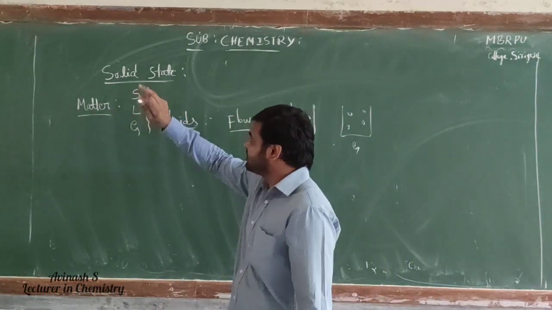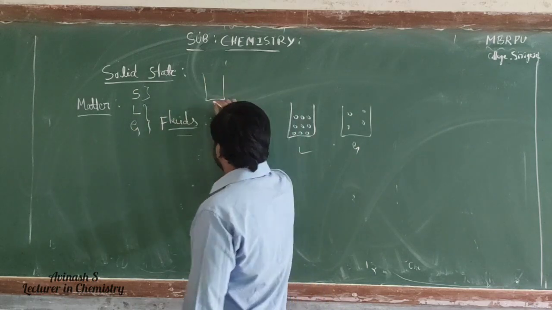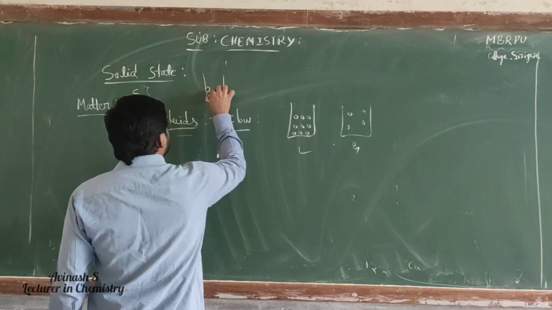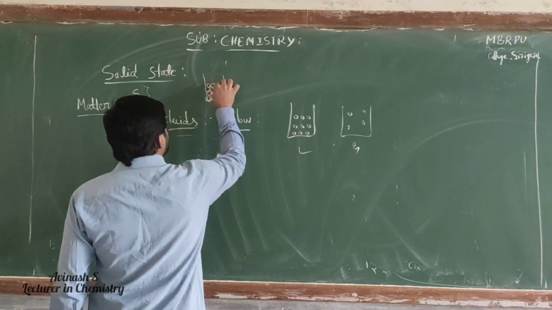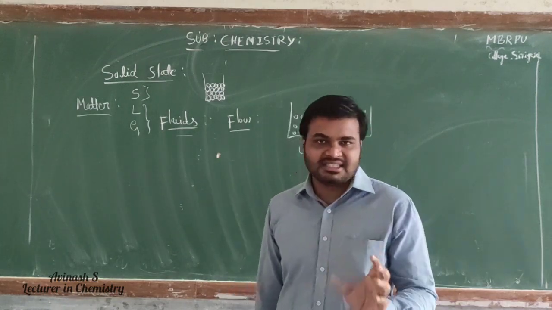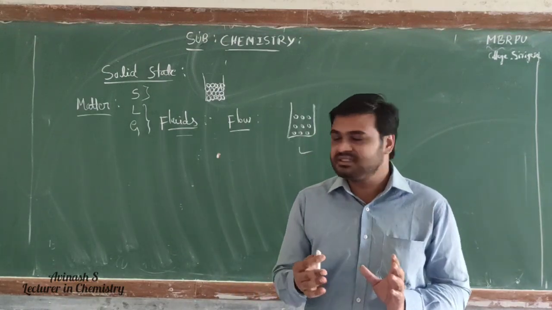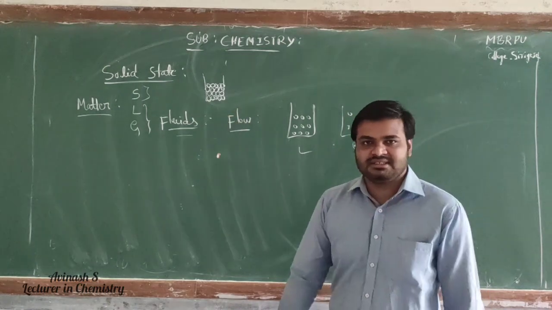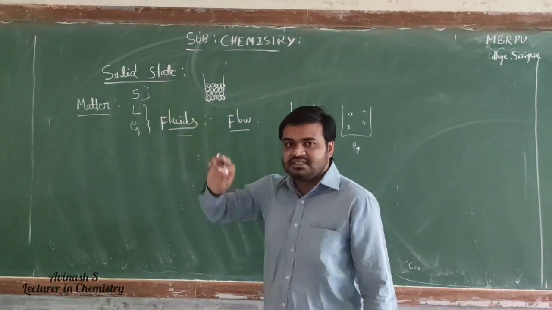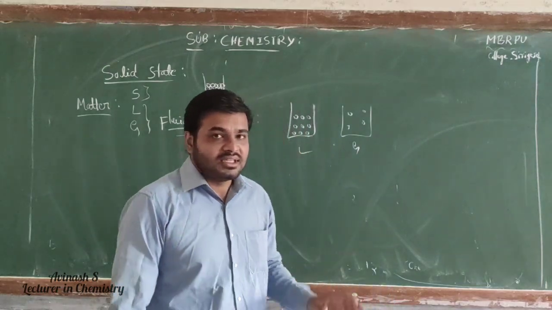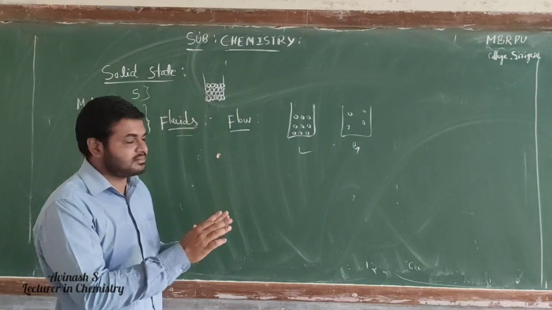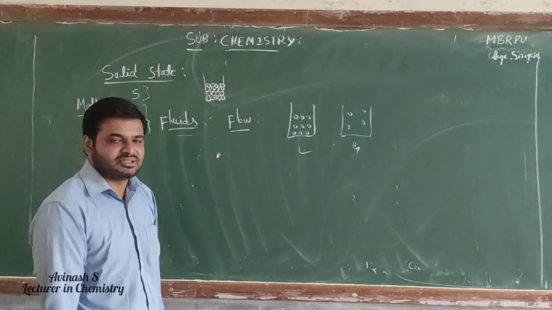But in the case of solids, the particles are arranged orderly and very, very close to each other. The atoms, ions or molecules are close to each other. So in solids the molecules are in a fixed position.